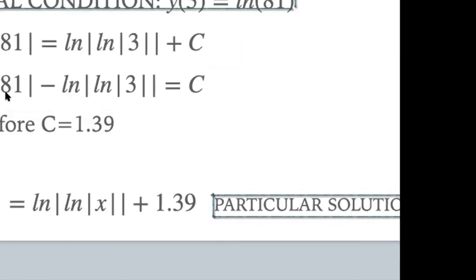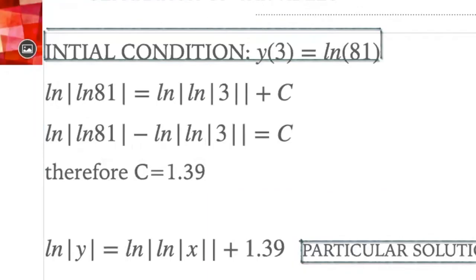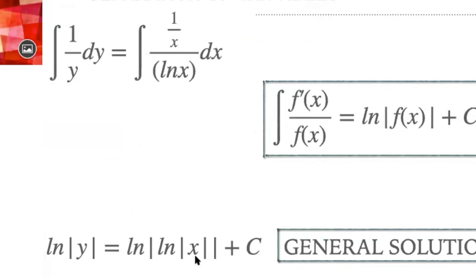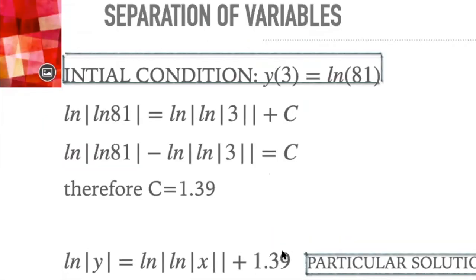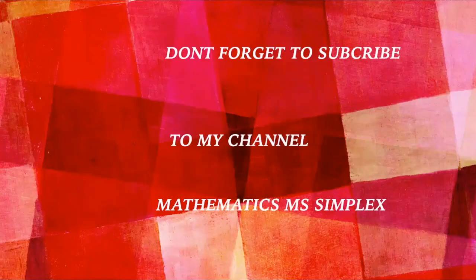So we have ln 81 minus ln 3 to give us 1.39. So it means, moving from the general solution, we have now the c, so our particular solution is ln y equals ln x plus 1.39.